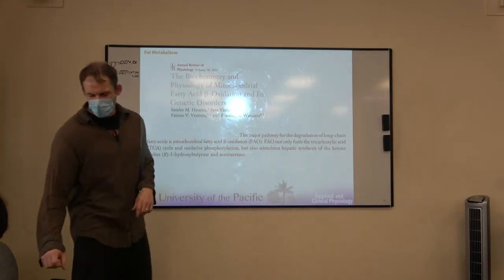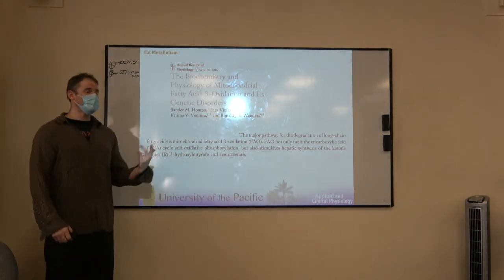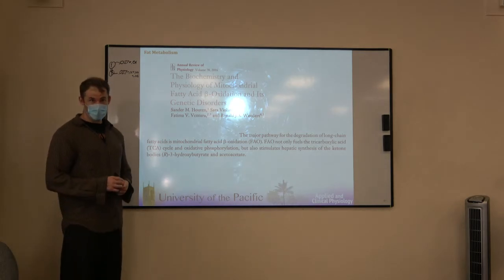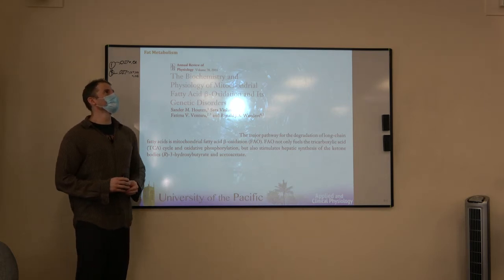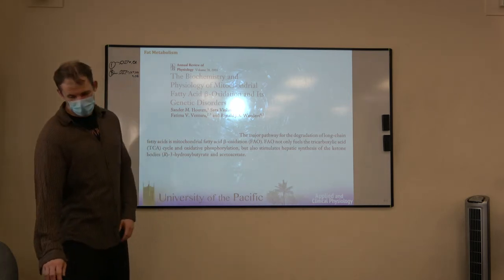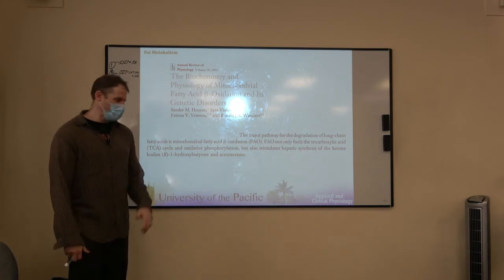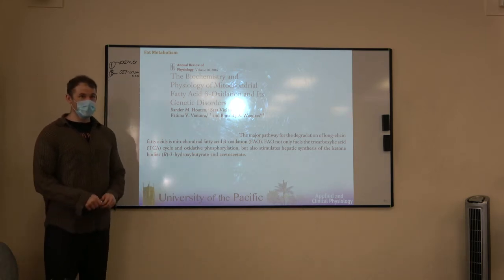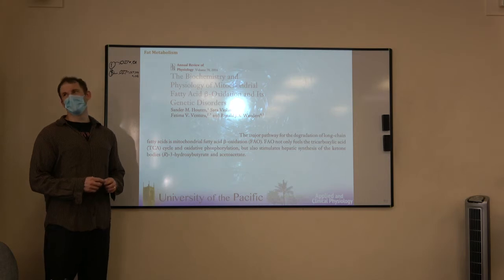So if you have a 20 carbon fatty acid, how many acetyl-CoAs do you get from it? 10. You get 10. If you have an 18 carbon fatty acid, the acyl-CoA, how many acetyl-CoAs do you get? 9.